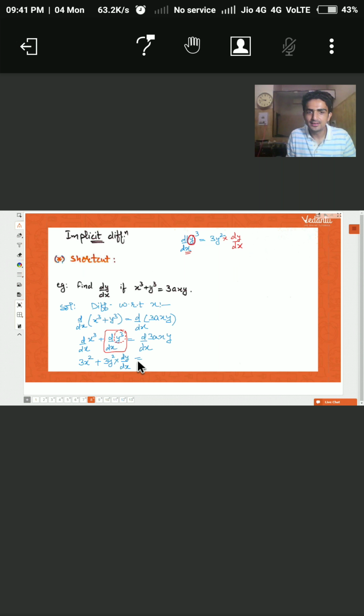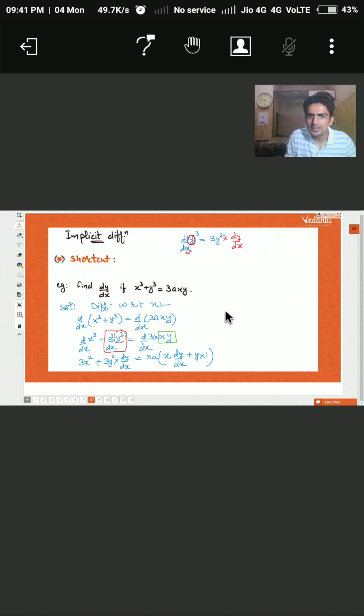On the right hand side, 3a is constant, and we just did the derivative of x into y with respect to x. Product rule: x into derivative of y plus y into derivative of x. So this is what you get when you differentiate overall with respect to x.